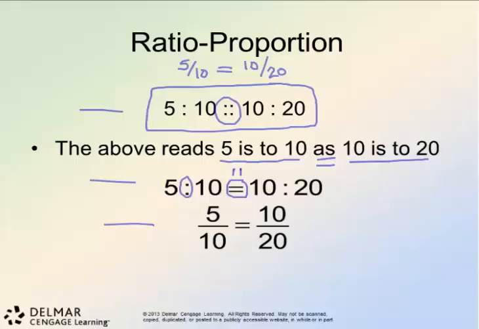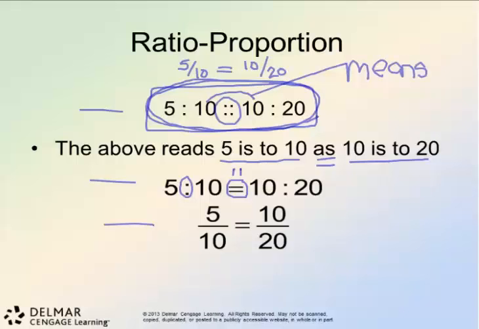Now, when you do have a proportion written with the colons and the double colons, we have some special names for the terms in the proportion. These two middle ones are called the means. They're called the means, and you'll read that in your book as well in chapter 2.